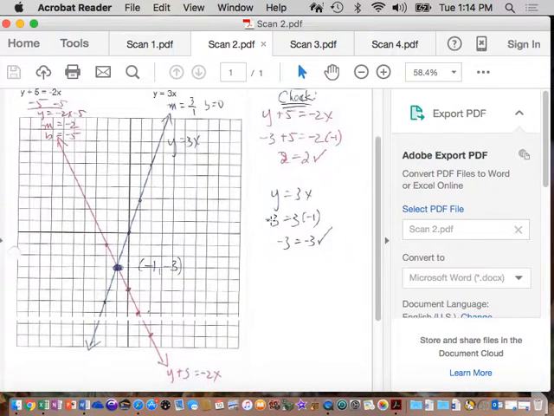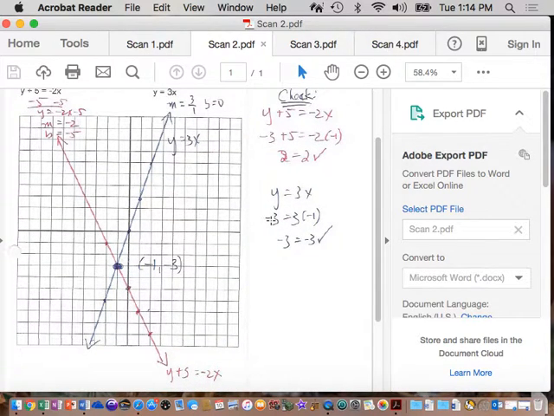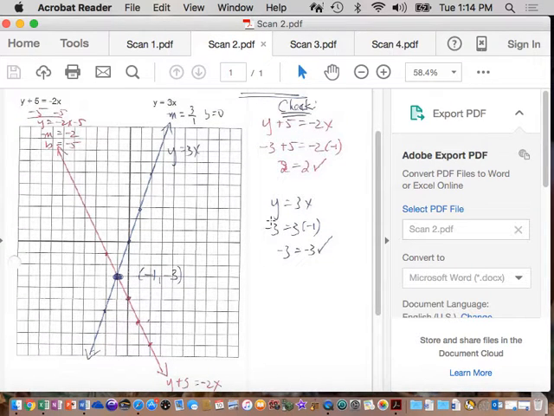Here's the graph. Take a look at your work. Notice the check.